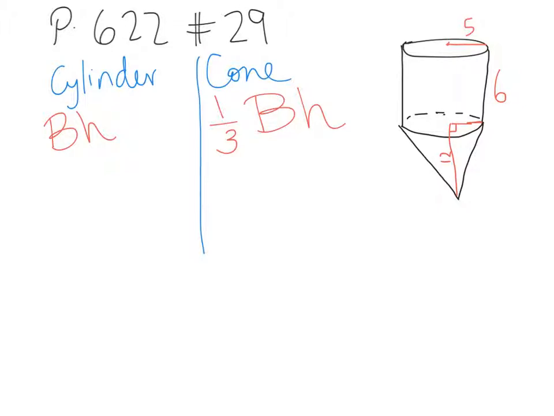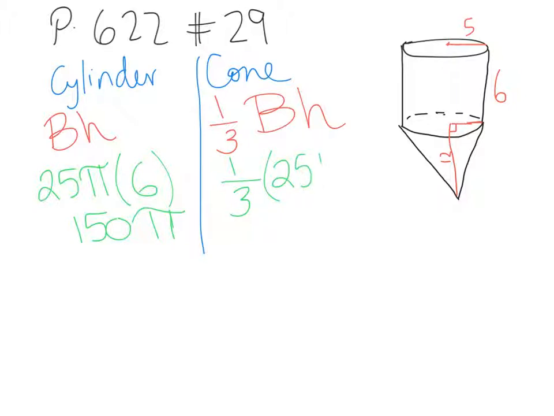Okay, well, the area of the base we agreed is pi r squared, so 25 pi. Times the height of the cylinder, which is 6. So that would give me 150 pi. Okay, same thing here, 1/3, 25 pi times the height of that cone, which is in that case 12. I know 1/3 of 12 is 4, so 100 pi.